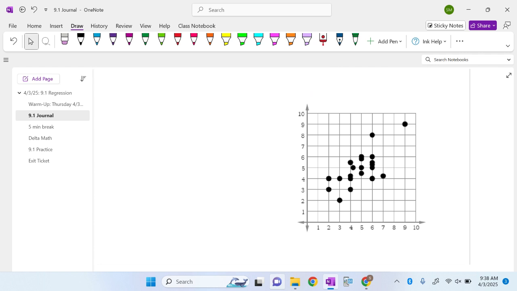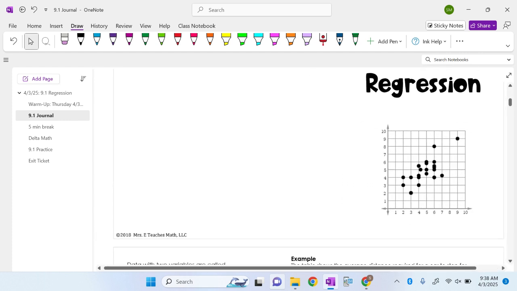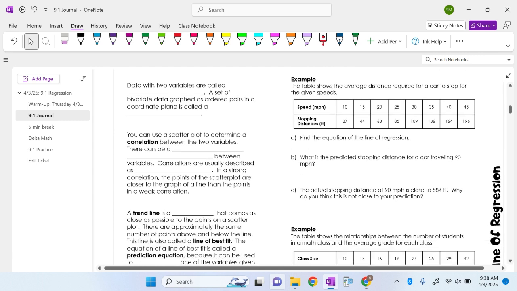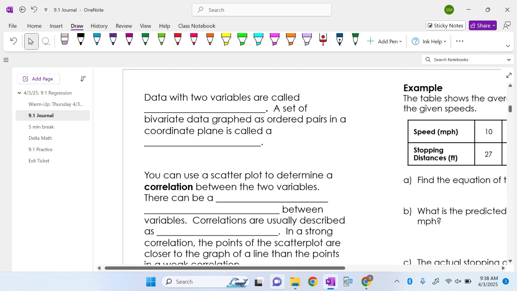All right. So let's go ahead and look at just writing a prediction equation. So this is kind of getting the regression equation. We're just going to try and write an equation to predict values. So some vocabulary first.